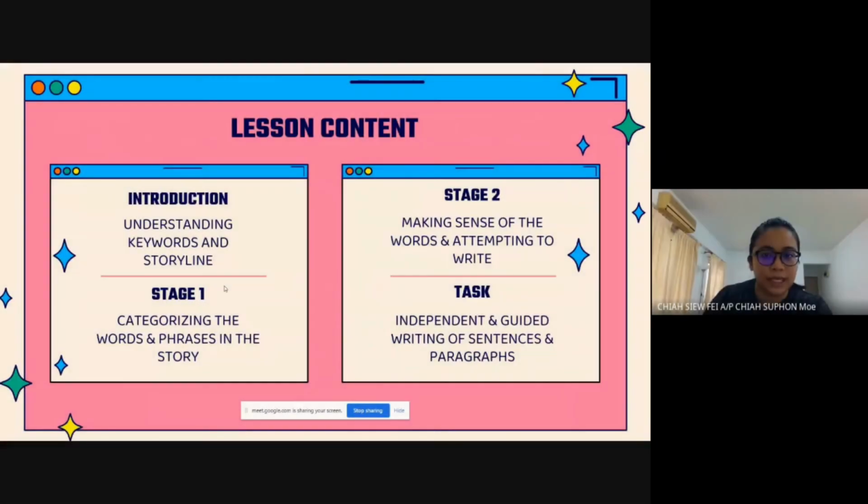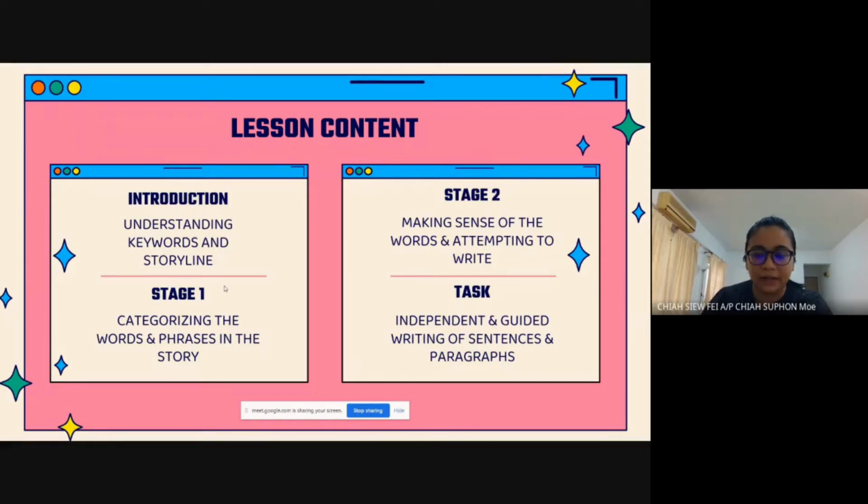Okay, so today this is the arrangement of our lesson. We will be looking at how to understand keywords and storyline. Next, we will be categorizing the words and the phrases in the story which are given to us, as well as adding some of our own words. Then the next stage, we will be making sense of the words and then attempt to write.